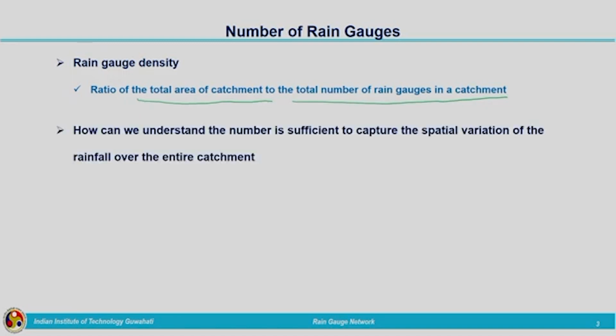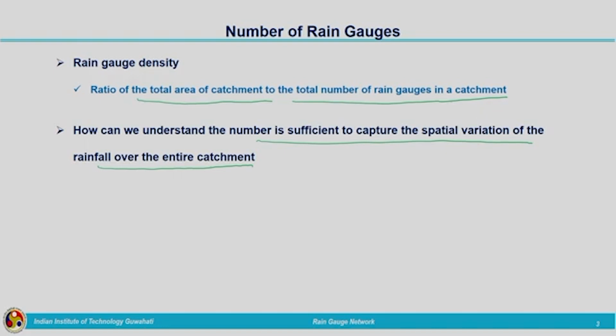Now, how can we determine, or how can we understand, that the number of rain gauges present in a catchment is able to capture the spatial variation of the rainfall over the entire catchment? So, we need to have an idea that these many rain gauges should be present in a particular catchment based on the area. That is what we are going to see now.